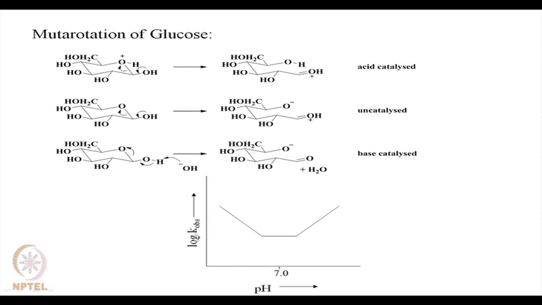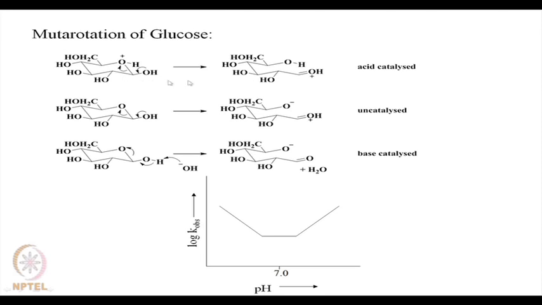Now, if we plot log k observed versus pH, then around neutral pH the rate is minimum, okay, not exactly at 7, but around pH 7. Okay. Now, for some range of pH in the vicinity of 7, it is flat, and then it increases this way also and also this way because of this mechanism.